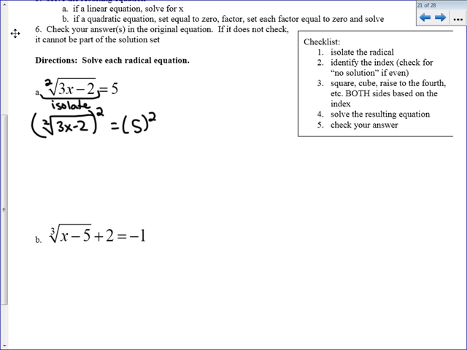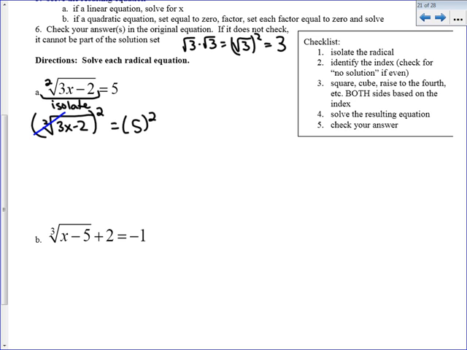Now, squaring and square rooting completely undo each other. If I take a square root and I multiply it by itself, I get a perfect square. We just did that with rationalizing, and I get back the radicand. So that's like when we had the square root of 3 times the square root of 3. We ended up with the square root of 9, which gave us back 3. So whenever you have a square root and you square it, you get back the radicand, just like we did with rationalizing.